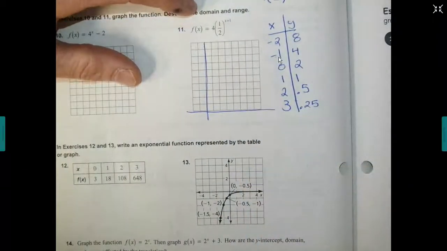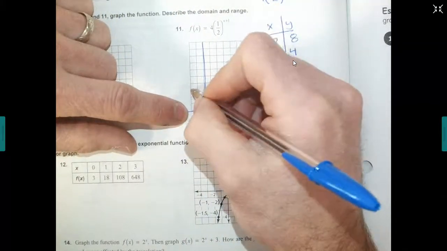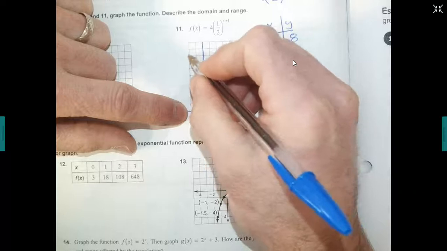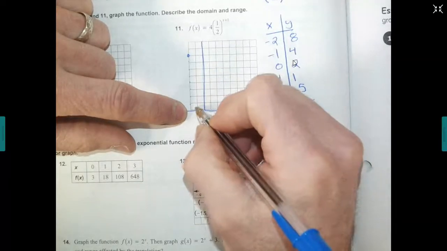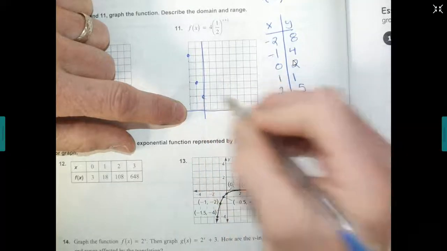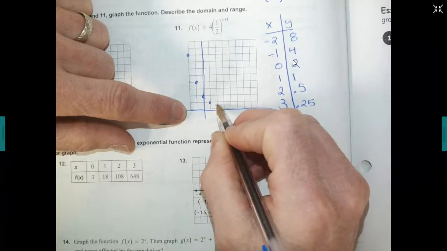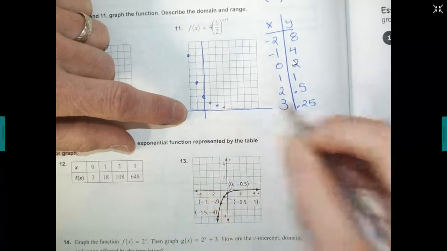If you would like to plug these numbers in the Desmos calculator and just say number 11 and show me the graph in Desmos, that's totally fine. If you would rather not, do it here. So -2, 8; -1, 4; 0, 2; 1, 1; 2, 1/2; and 3, 1/4.